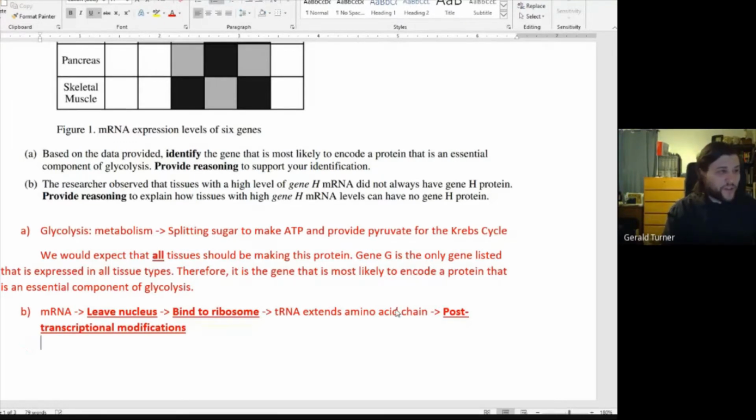So for this question, it is a little bit open-ended, but according to the College Board, and this is a place where I actually do agree with what they say, the sorts of answers that we might have are first, the mRNA does not leave the nucleus.